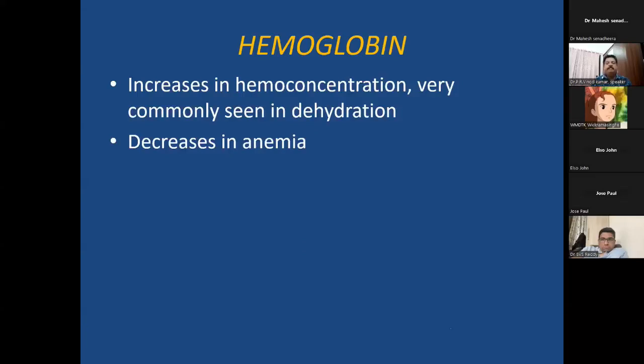In dehydration, hemoconcentration occurs, hemoglobin level increases, and it decreases in anemia, especially in hemorrhagic anemia. We have so many anemias like that. Hemorrhagic anemia, hemolytic anemia, dyshemopoietic anemia, myelophthisic anemia. Myelophthisic anemia means in the bone marrow there are no normal cells. All the fibrous tissue has been taken up and completely filled, and they have replaced the marrow tissue.